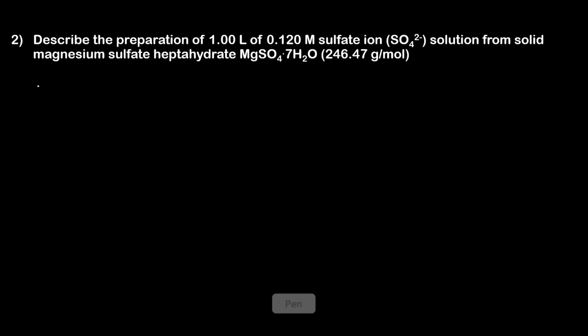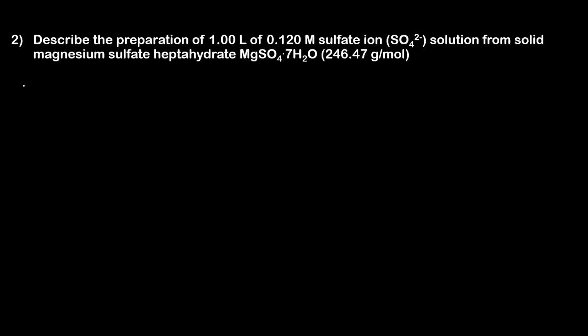Okay, so number 2, describe the preparation of 1 liter of 0.120 molar sulfate ion, SO₄²⁻, solution from solid magnesium sulfate heptahydrate, or MgSO₄·7H2O, with a molar mass of 246.47 grams per mole.